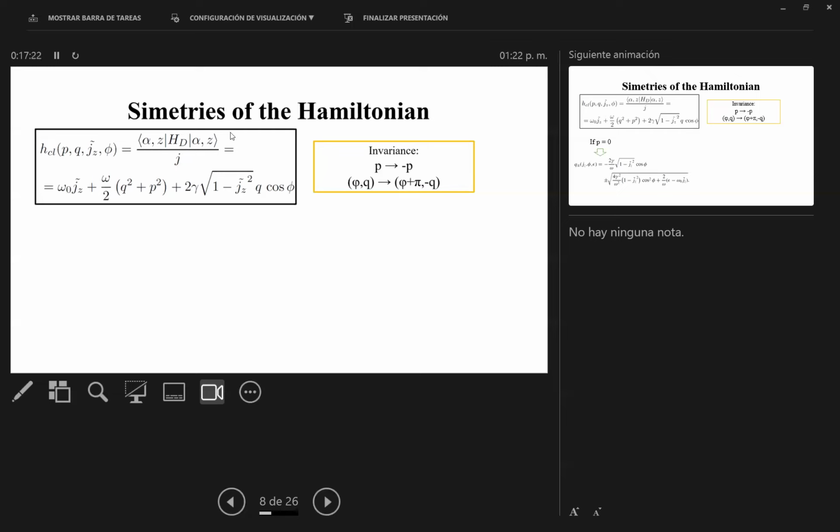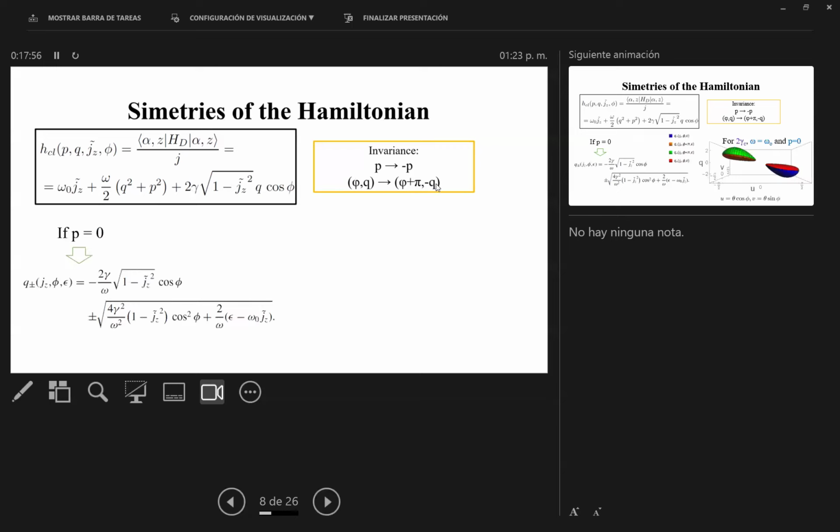Well, symmetries. One symmetry of this Hamiltonian is the change of sign of P. If we exchange the sign of P, it's the same Hamiltonian. Another symmetry is the change of phi: if we add to this phi, it's like a phase in the classical sense. And it's the same if you change Q for minus Q. It's another invariance property of this Hamiltonian.